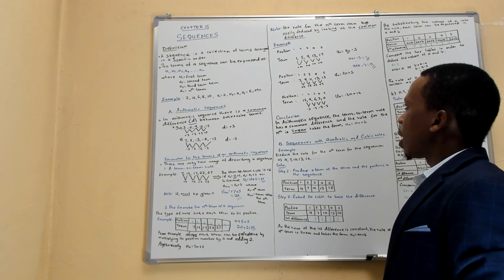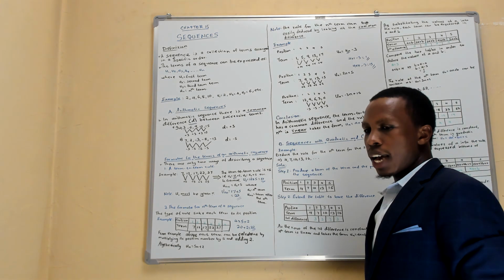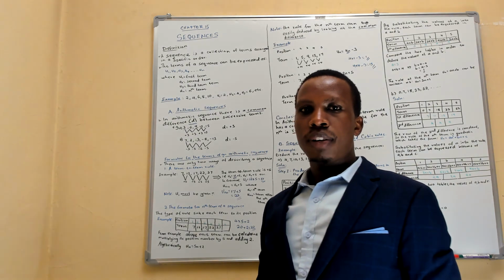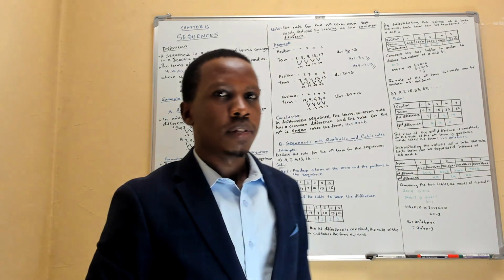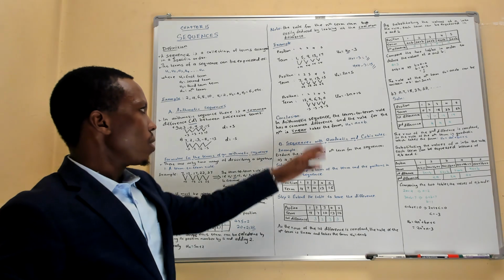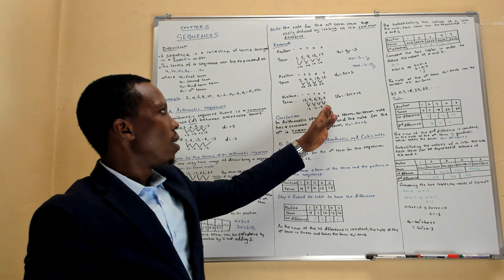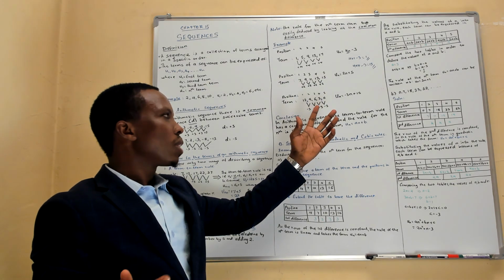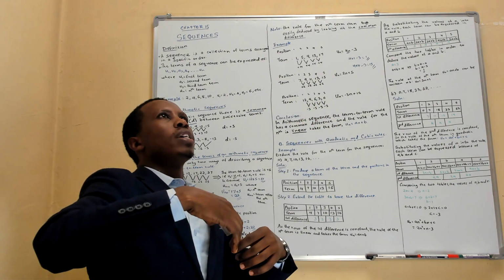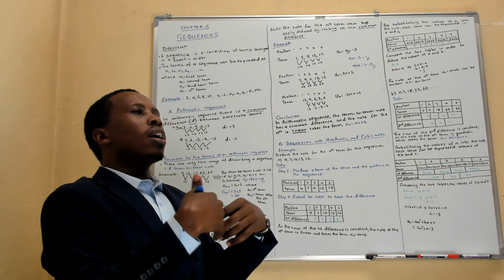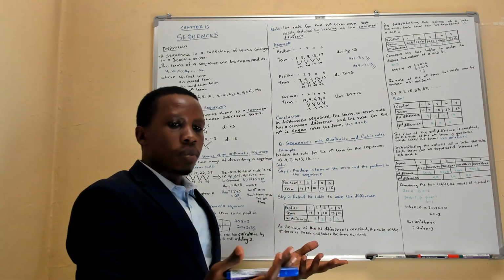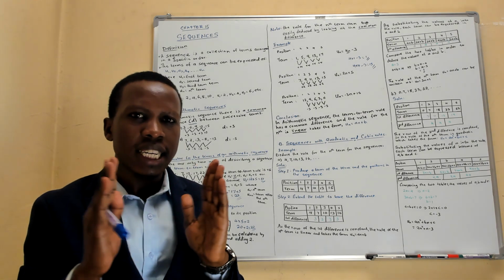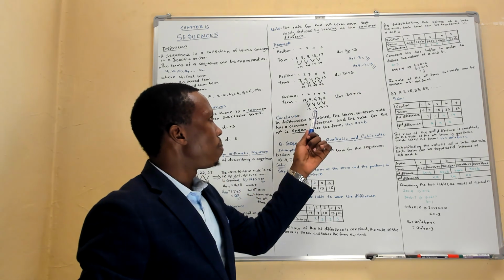And let's look at this third example because its difference is negative. Now, if I want to get the nth term of this sequence, so that if I'm asked to get maybe the 20th term, the 50th term of this particular sequence, or any other term that is given, you have to apply the law.